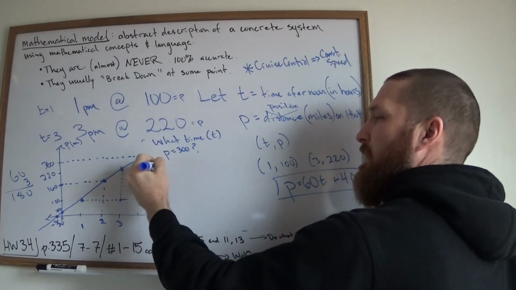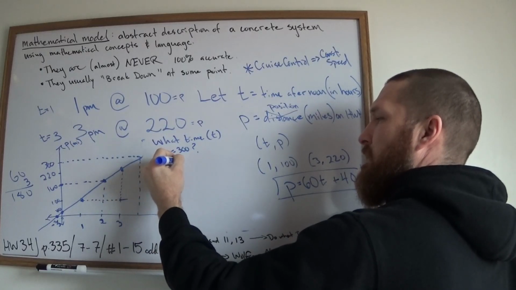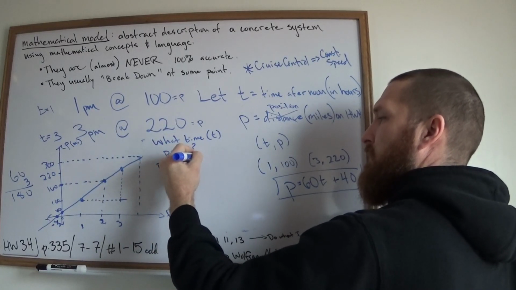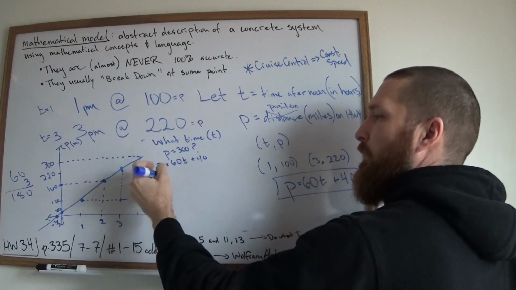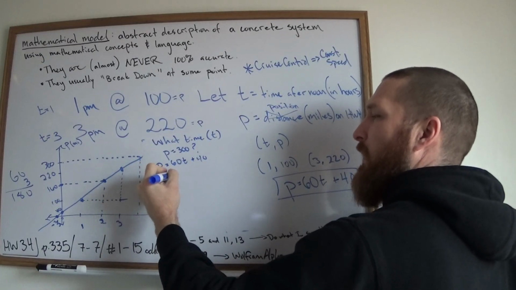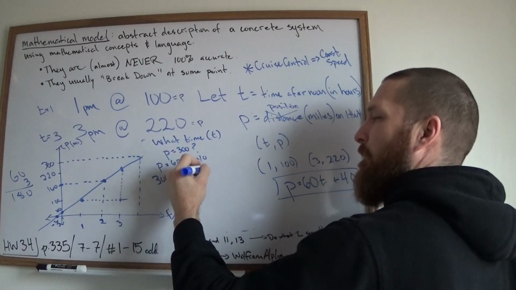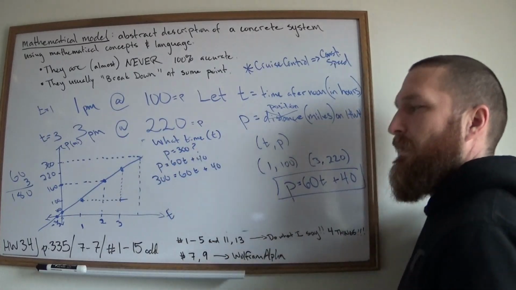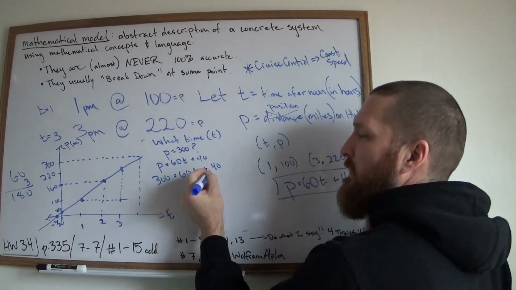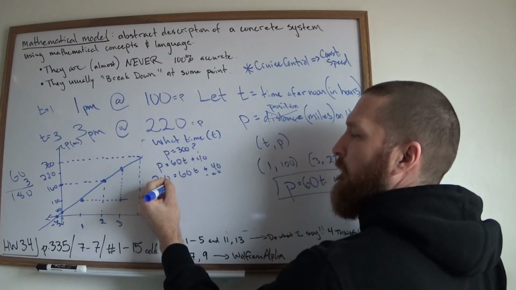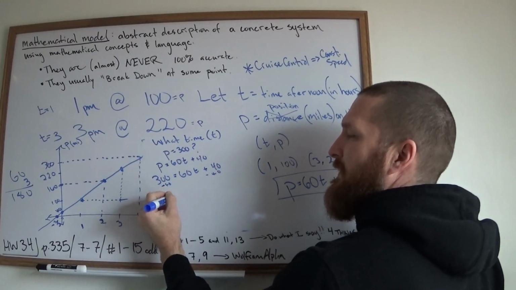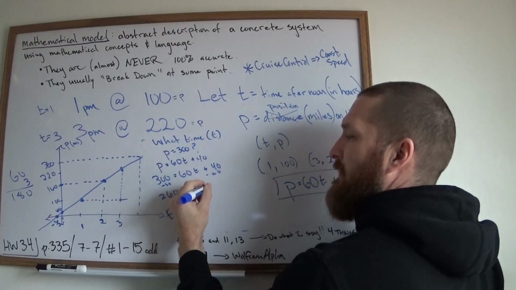So I'm going to write this out. P equals 60t plus 40, and we want to know when P is 300, what time does that occur? Now we're just solving for t. So I'm going to subtract 40 from both sides. That should be 260 equals 60t.